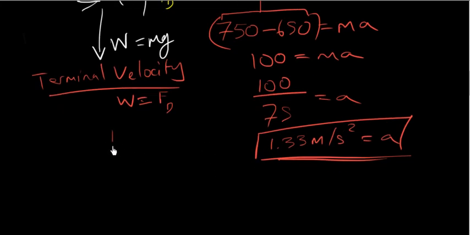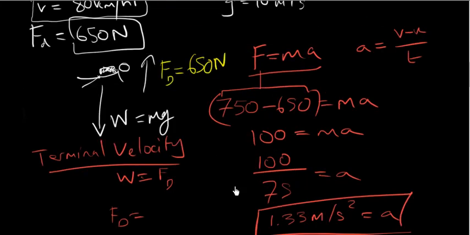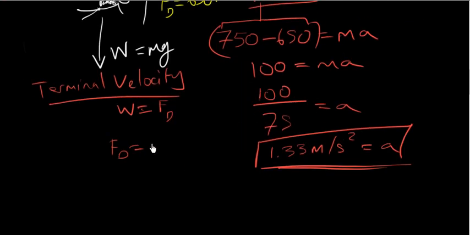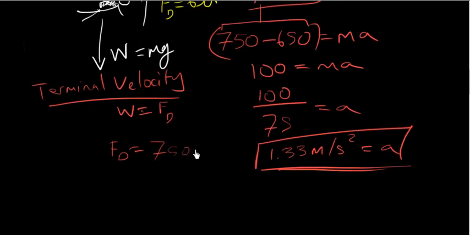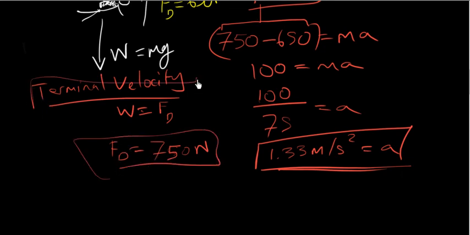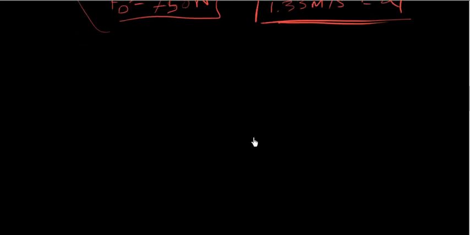So that will happen when the force of drag is equal to 75 times 10. So when the force of drag equals 750 newtons, in this case, when the guy weighs 75, that's when he will get to terminal velocity. Okay, so that was question 18, and let's move on to question 19.